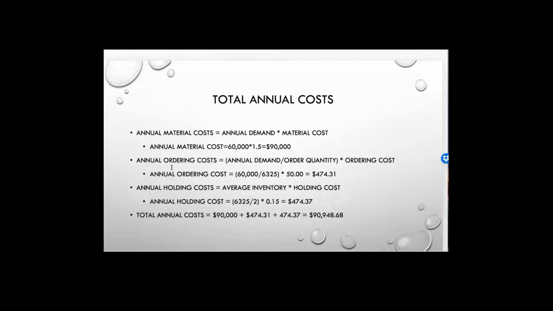So like in this case, if you double the amount of materials required, you may double the ordering costs and the holding costs, but some of the things may not exactly double.